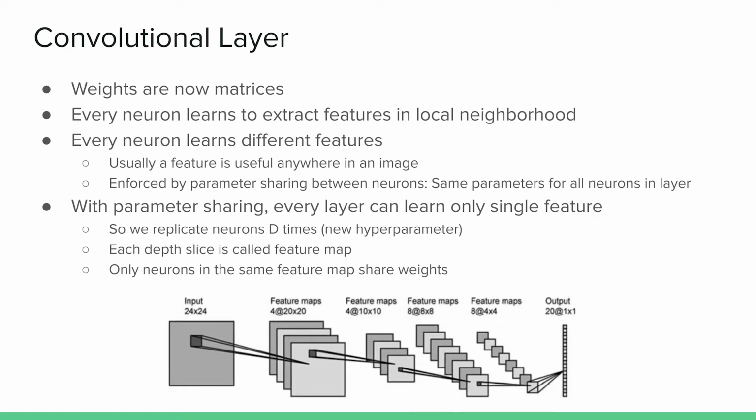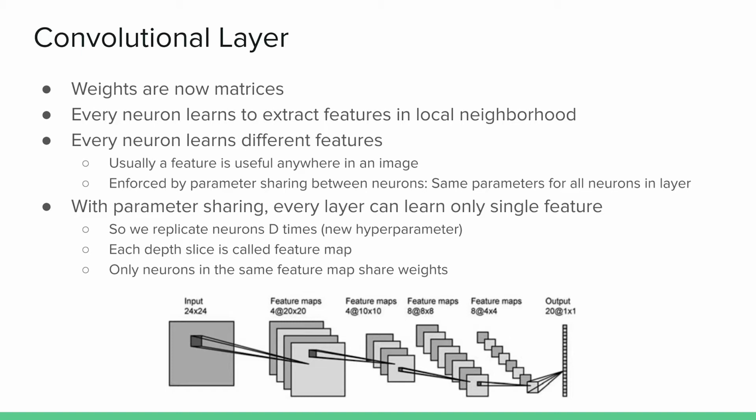And this is how it could look. We have our input, which is a 24 by 24 grid, and then we extract features, and in this example we take 4 feature maps. We replicate this, then process it and eventually get smaller in image size, but have more relevant features that we extract.